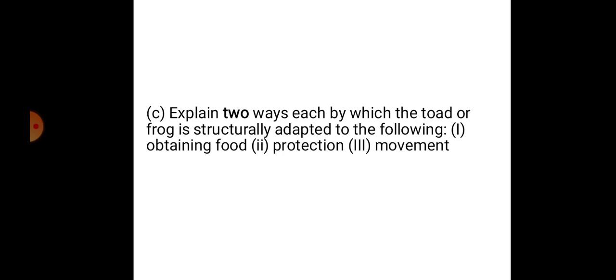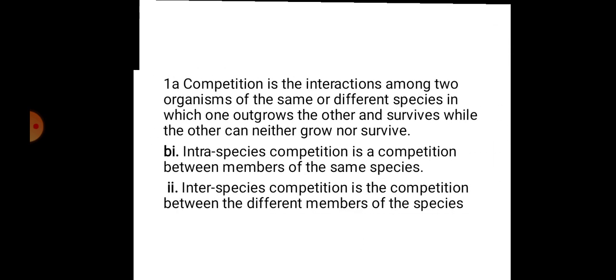Because remember, adaptation is defined as the ability of an organism to live successfully in a particular habitat. When this frog lives in a terrestrial habitat, will it be able to survive? Can it survive in arboreal habitat? No, because it's not structured that way. Now, let us look at the answers to these questions.